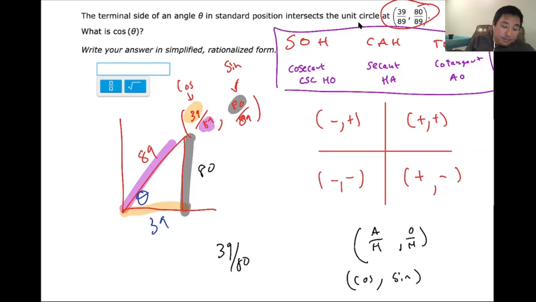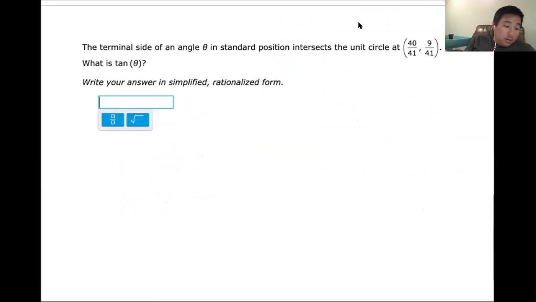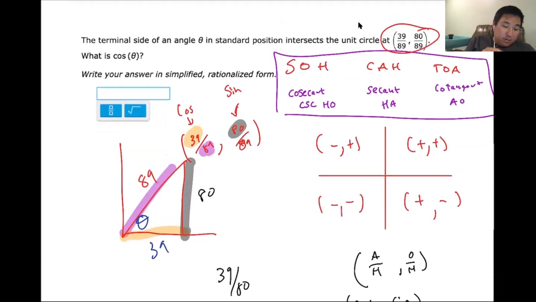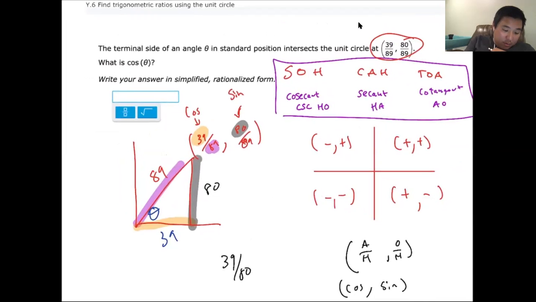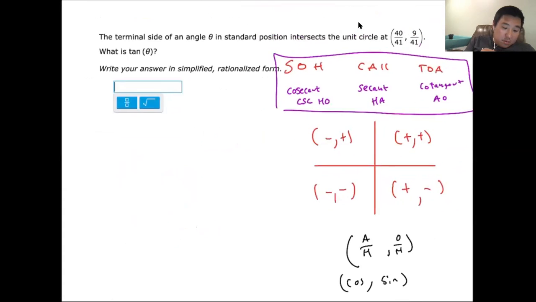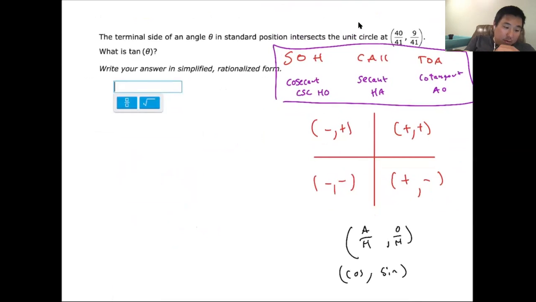So find the tangent. There's where it gets a little bit tricky. So remember, you've got 40 over 41, comma, 9 over 41.